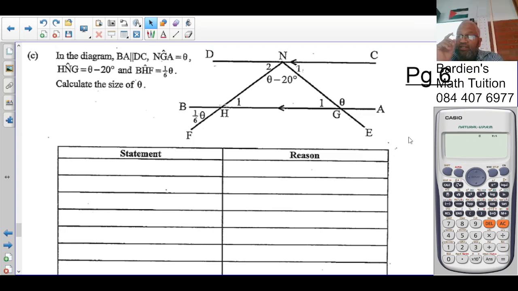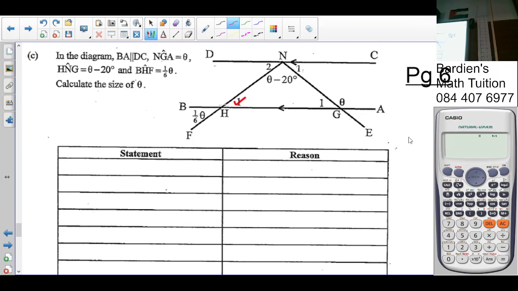So importantly, here we have to set up an equation so that we can solve for theta. You understand? So, what angles can we see here that are equal and so on? She said it already. H1 is 1/6 theta. Why? Vertically opposite. So we got that angle now. Right. Don't write it down.